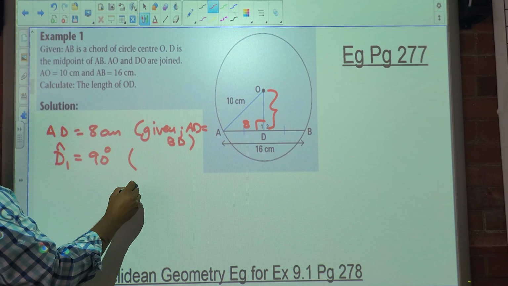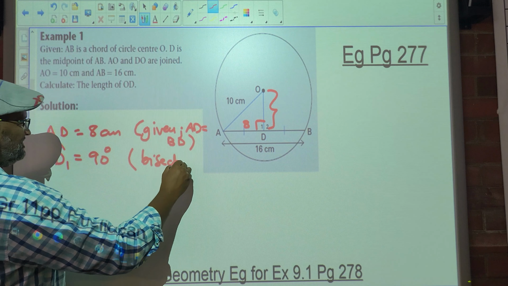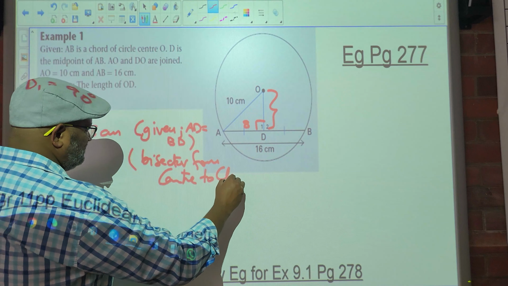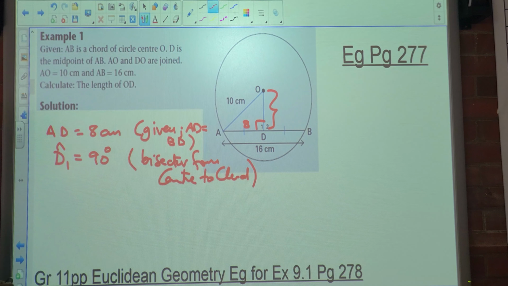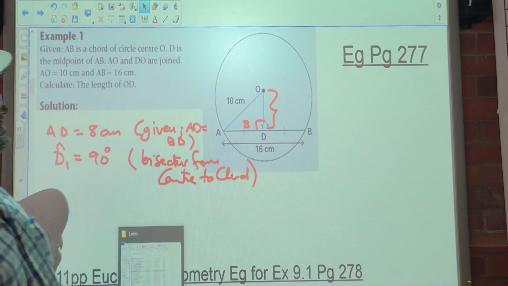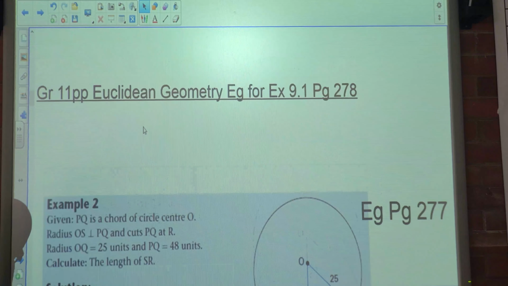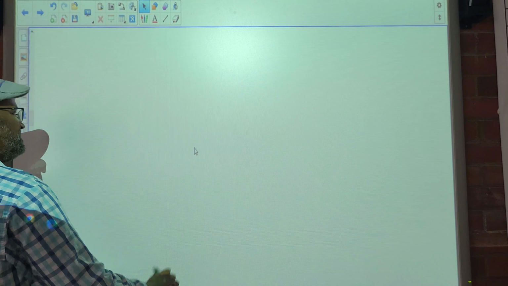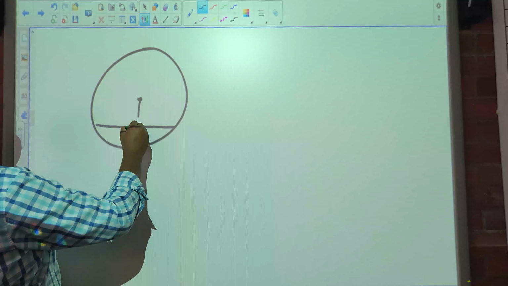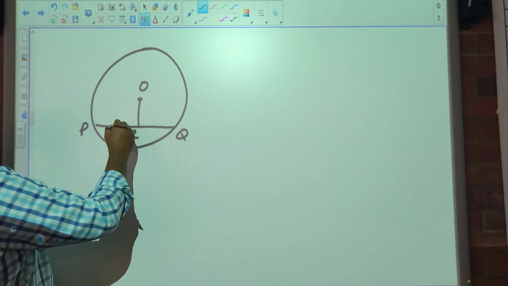Why? Bisector from center to chord bisects the chord. Okay. Remember we said that before, so you guys are getting confused. We said that if you are given a circle, and in the circle you have a chord, there's a center, and this is P, Q, R, and these lines are equal.